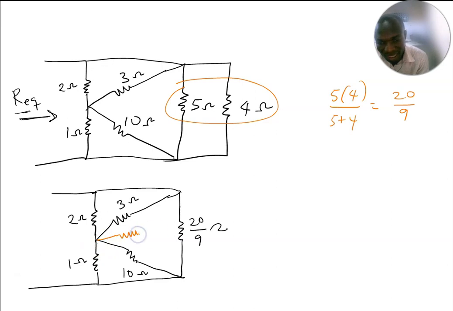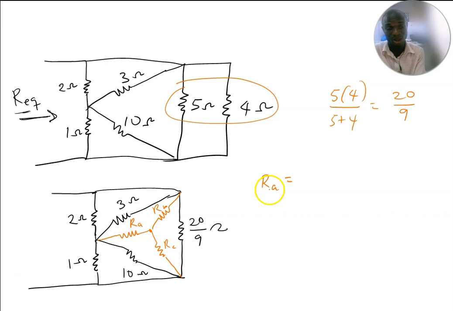So I have one here at this point. I have another resistor here, and it ends here, and I have another resistor here. Look at this. So I'll label it as RA, RB, and RC. So how do you find RA?